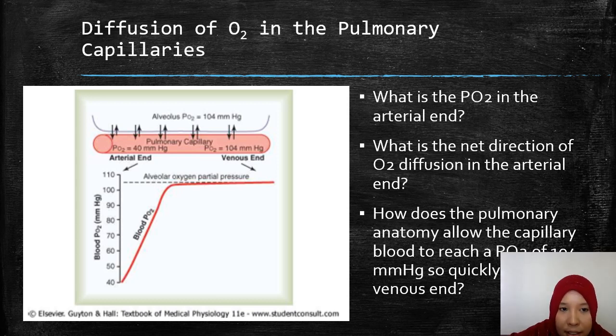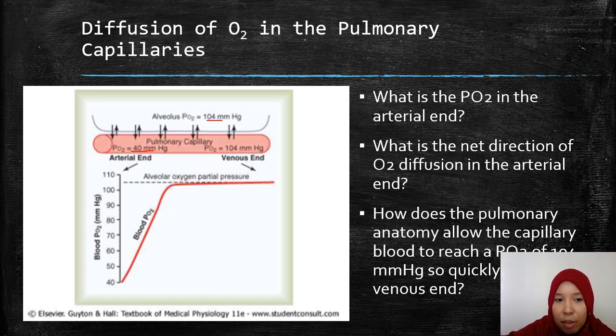Now inside the lung, particularly here the alveolus, which refers to your lung in general, the alveolus partial pressure of oxygen is 104 millimeter mercury. So again, let me point it out. In your blood, the partial pressure of oxygen is 40 millimeter mercury, which is lower than the partial pressure of oxygen in your lung, alveolus, which is 104. So now you see the difference in the partial pressure.